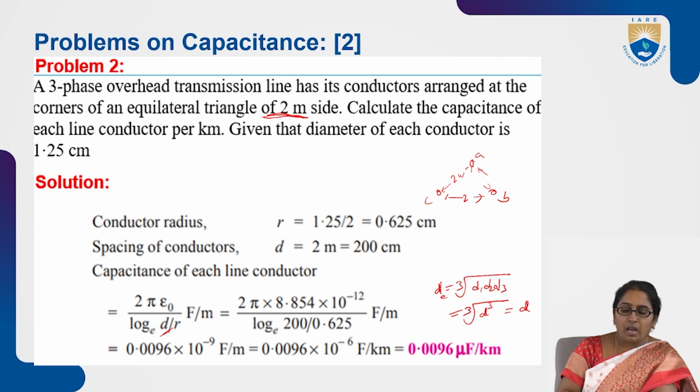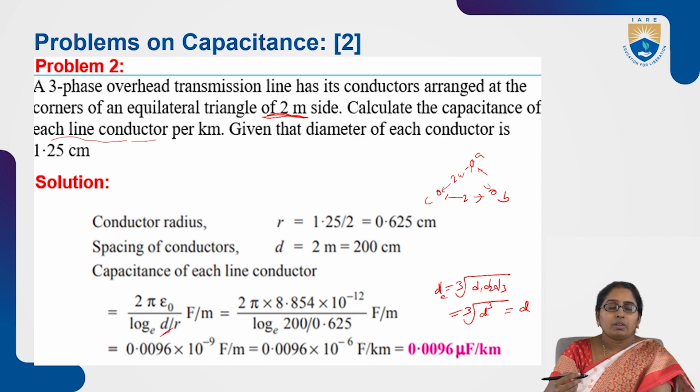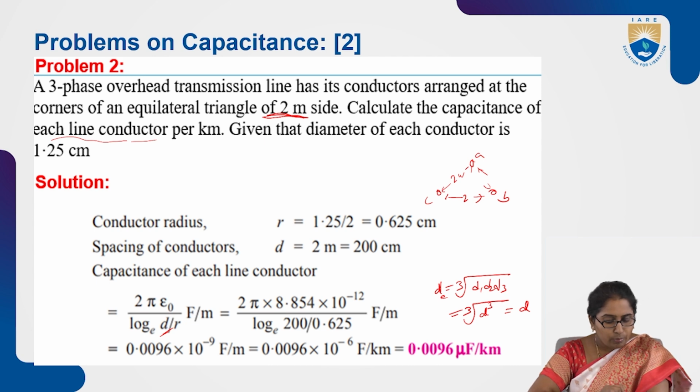Here they ask to calculate the capacitance of each conductor, which means the capacitance between the conductor and neutral. That is given by the expression 2 pi epsilon naught by log base e d by r.